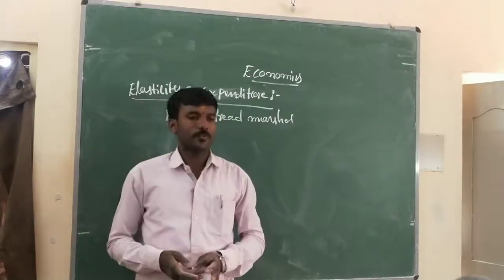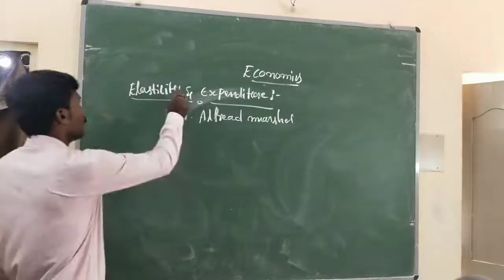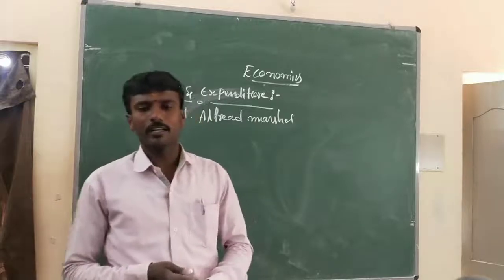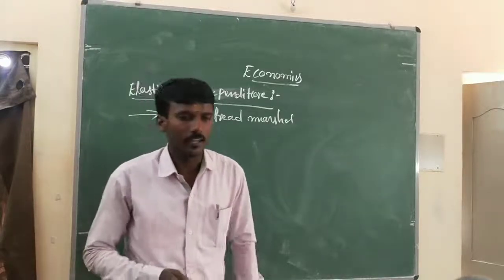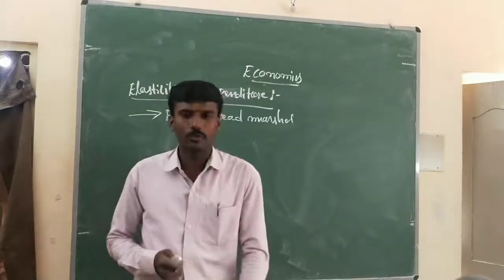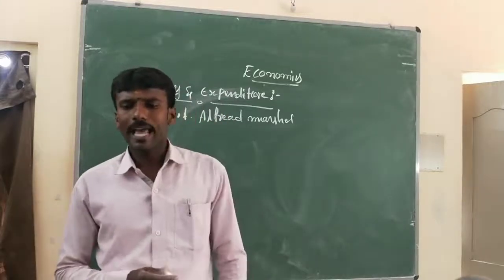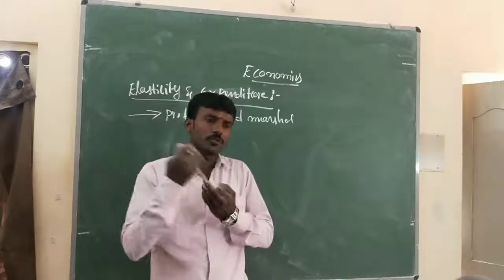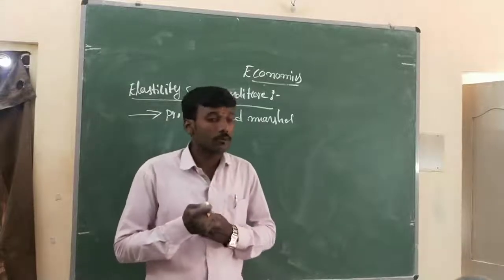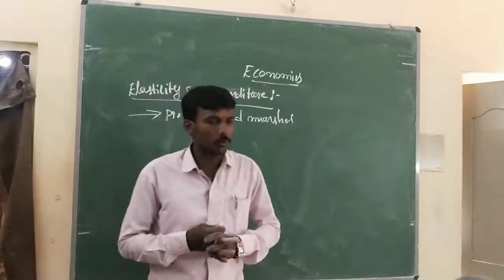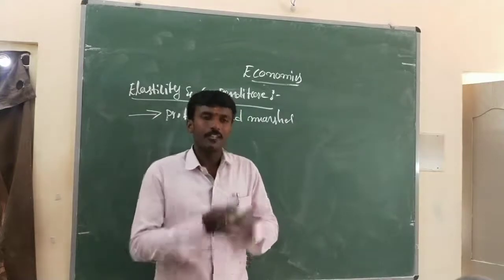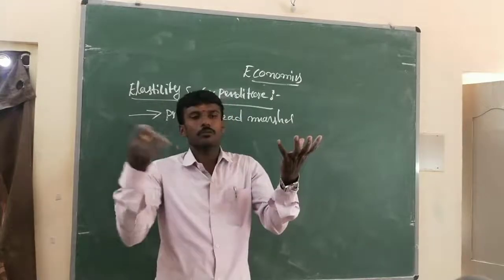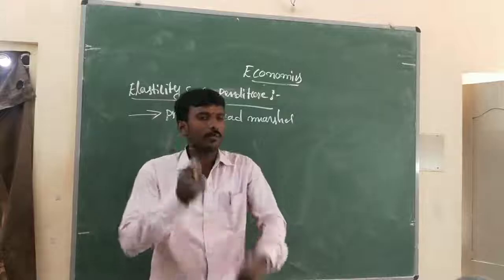And also we can get the total expenditure on a good, when we multiply the price of the good and the quantity of the goods. The result of that multiplication we call total expenditure.